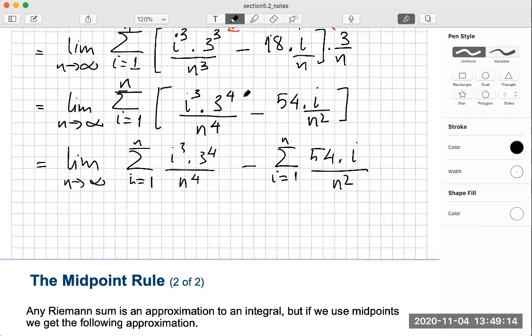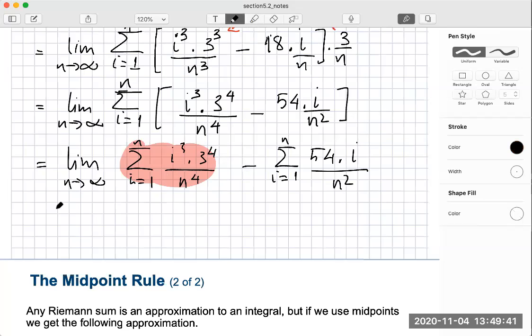Let us look at this guy. The sum from I is equal to 1 to n, right, of all these. Interesting.